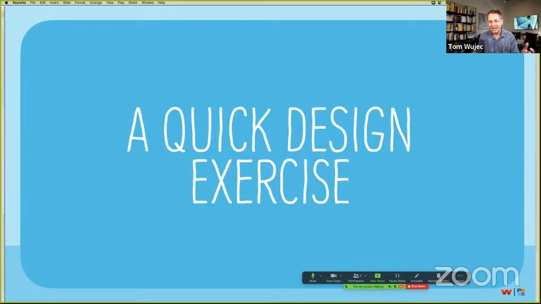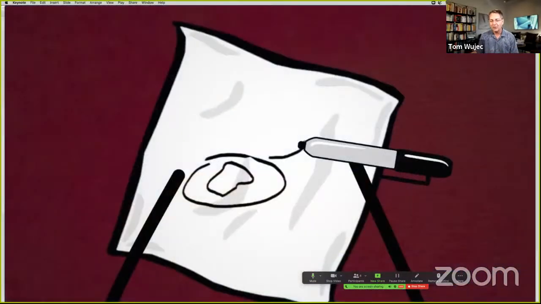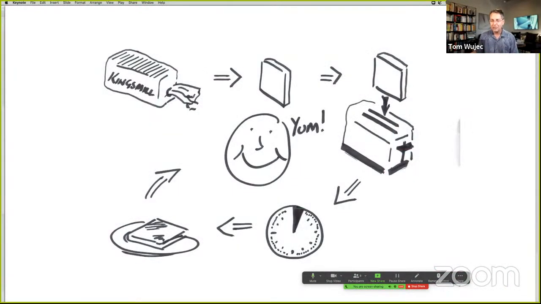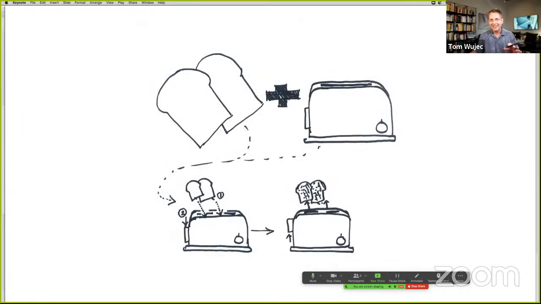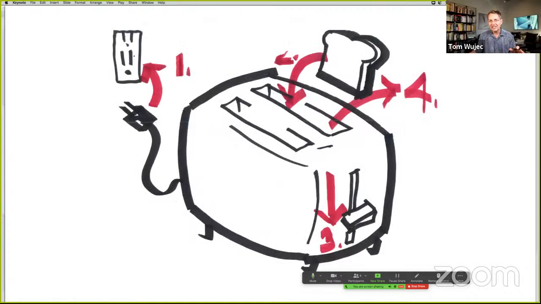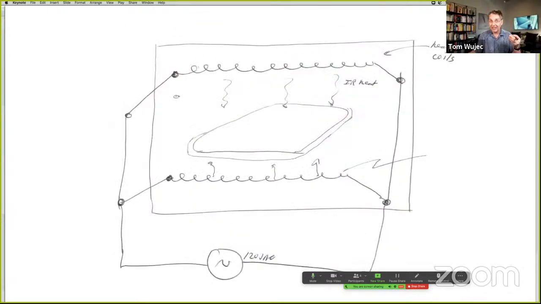We did a quick design exercise called Draw How to Make Toast. And each of you hopefully did a quick drawing to illustrate the steps involved in making crispy, crunchy, warm bread. And what's interesting is that everyone draws a slightly different picture that represents their mental model of what's important in the drawing.